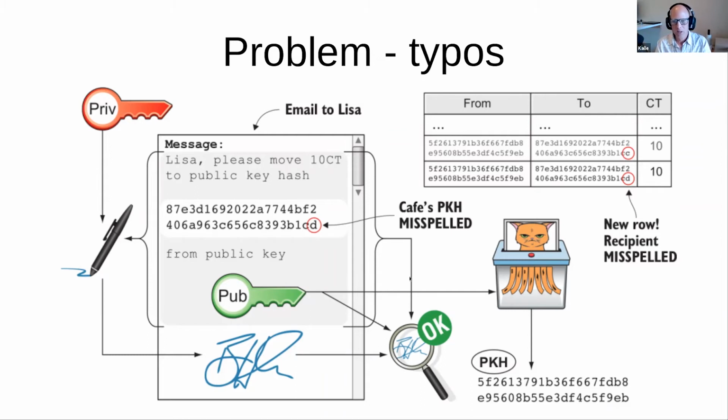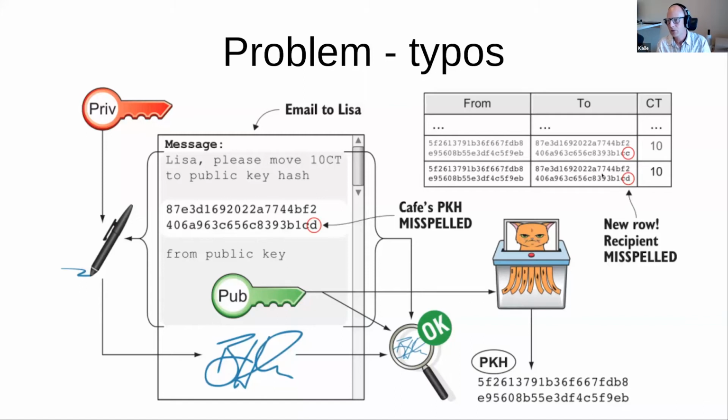Lisa doesn't care about who the recipient is. She just sees a public key hash here as the recipient. So she will just add that as a recipient here. So now there is a row in the spreadsheet with the recipient that doesn't have a corresponding public key.